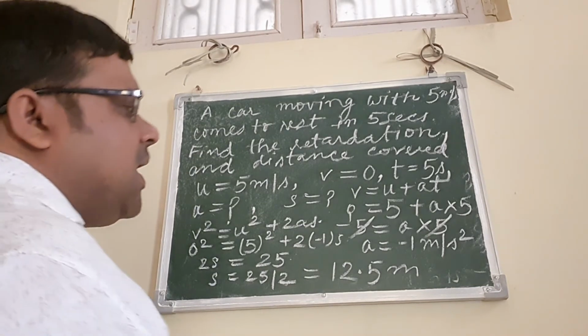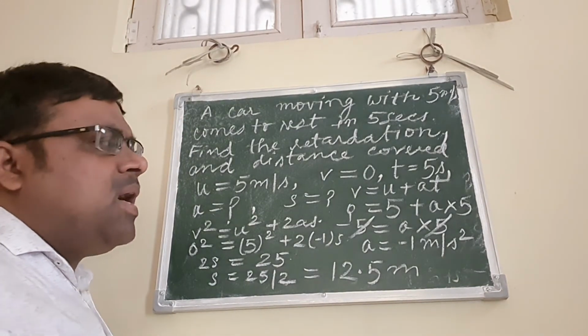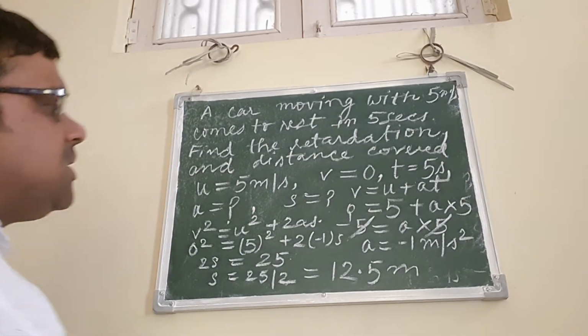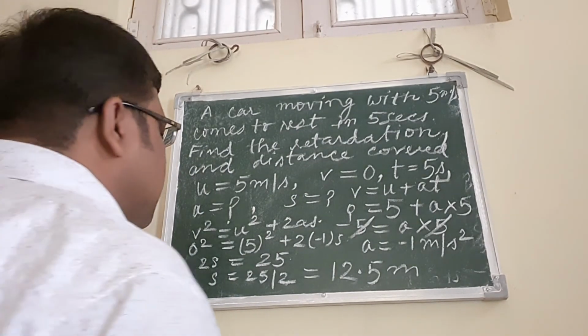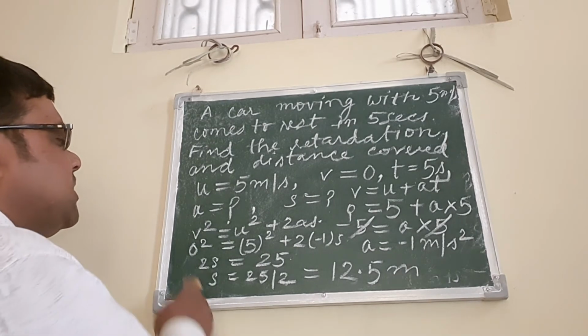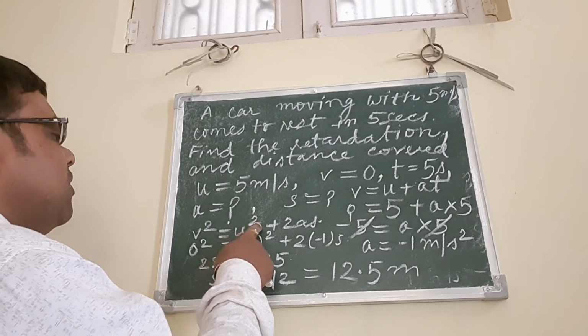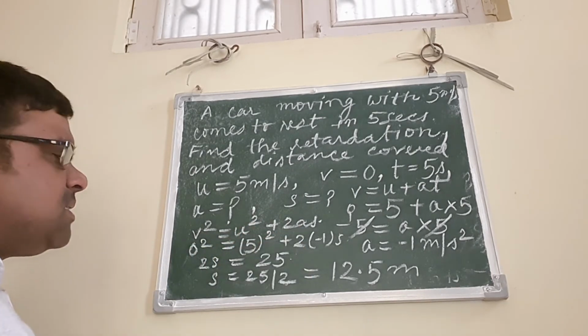So this is our retardation of 1 meter per second square. Minus sign shows that it is retardation, the body is slowing down and coming to rest. So now applying the third equation of motion, v square equal to u square plus 2as.